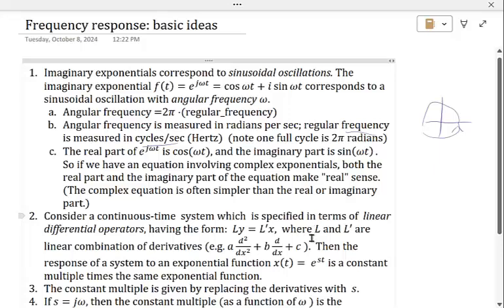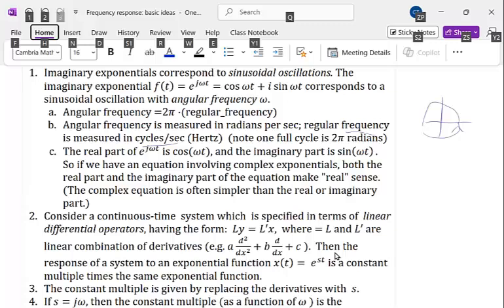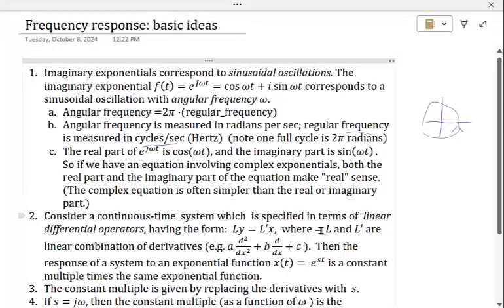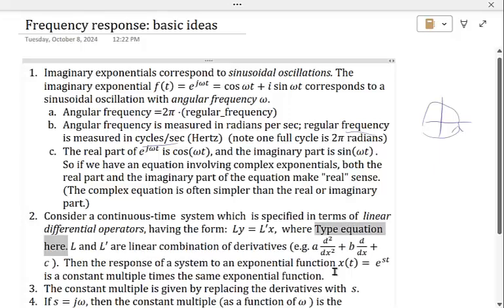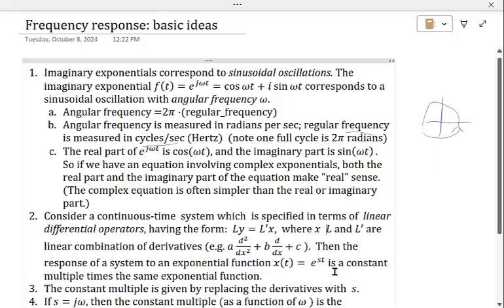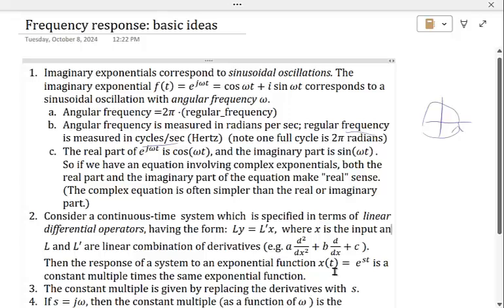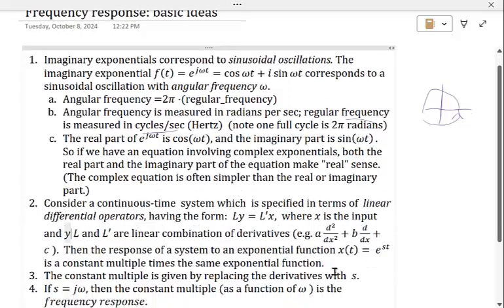In this case, x is the input and y is the output.